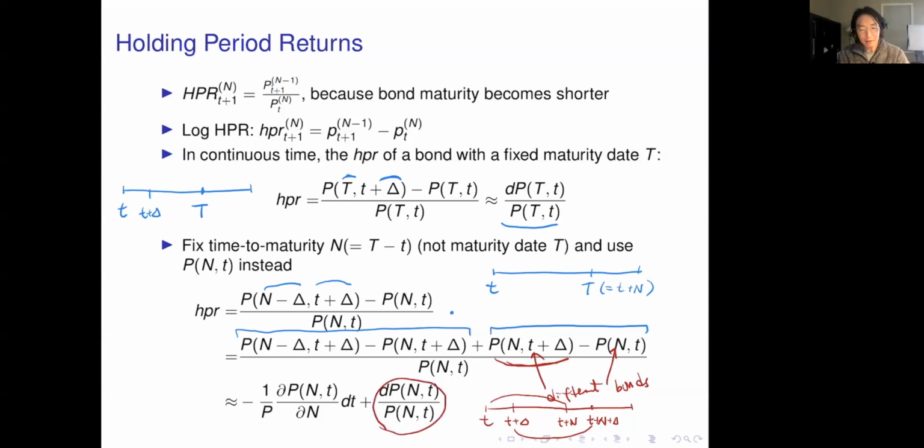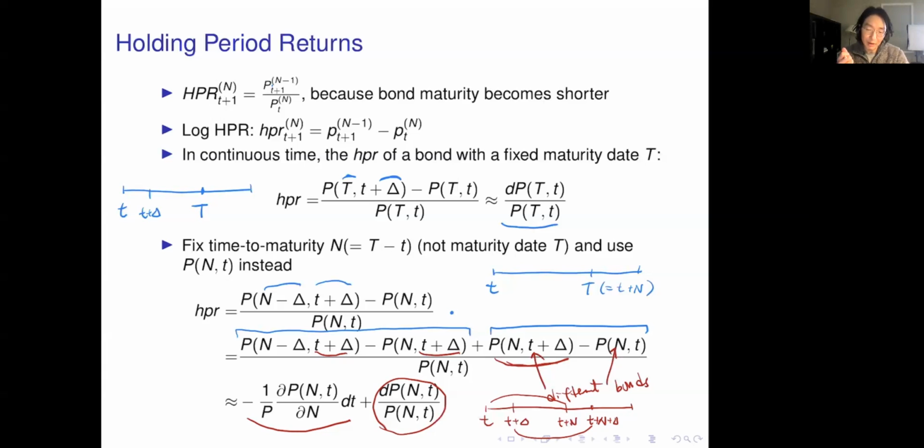Okay. Now the first term here is basically correcting for this difference. Holding period return should correct for this difference. This is basically the price change. So you are keeping the time at the same point, but changing the maturity, right?